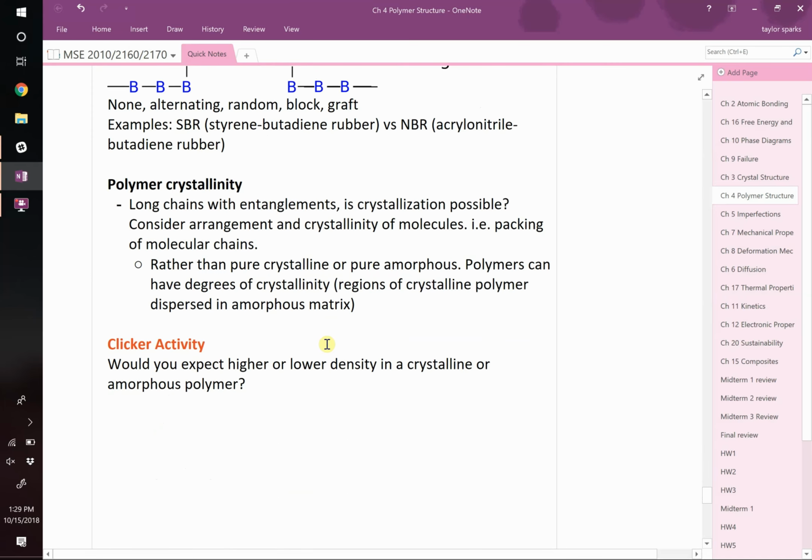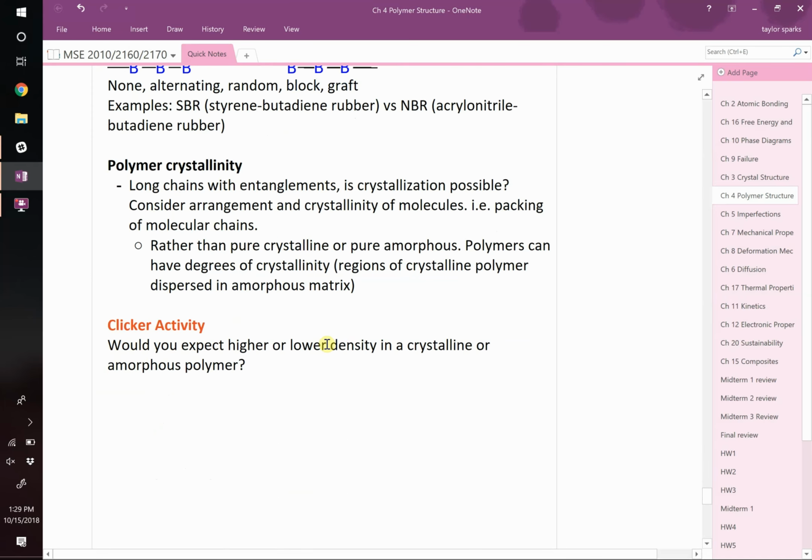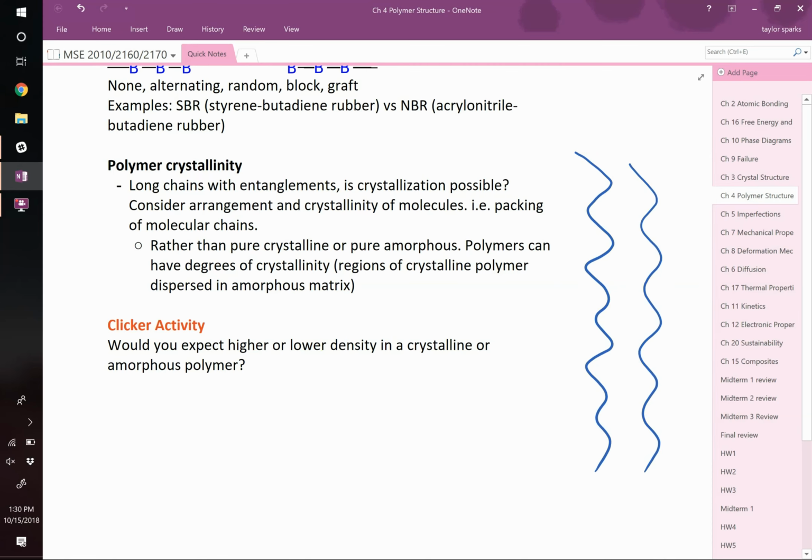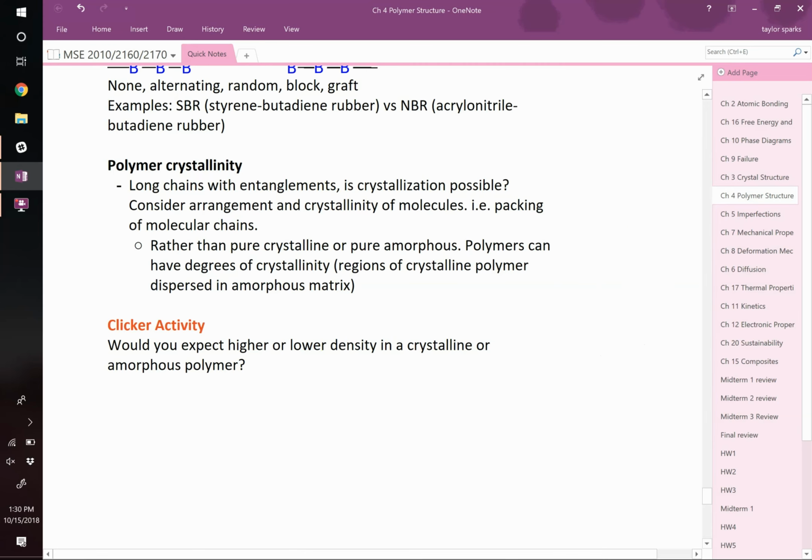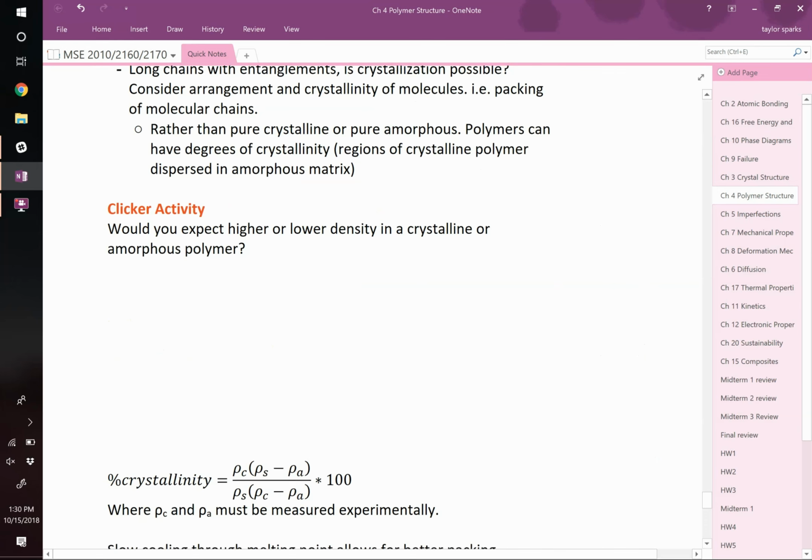Okay, talked about polymer crystallinity a little bit. Polymers, we've said that they can line up, right? And in the simple picture, I've just been drawing it like this. Like you've got a long chain and another long chain next to it, and these things can bond a little bit between them. In the real world, we said that polymers don't usually line up all the way. So instead, we sort of meet in the middle, and this is what it looks like. You get regions of lining up and regions that aren't lined up.